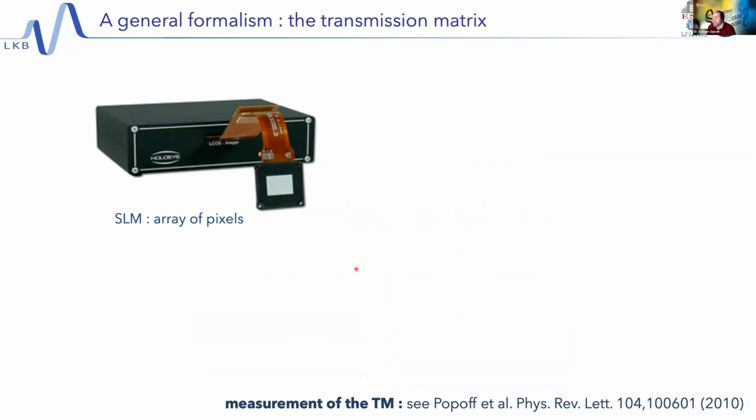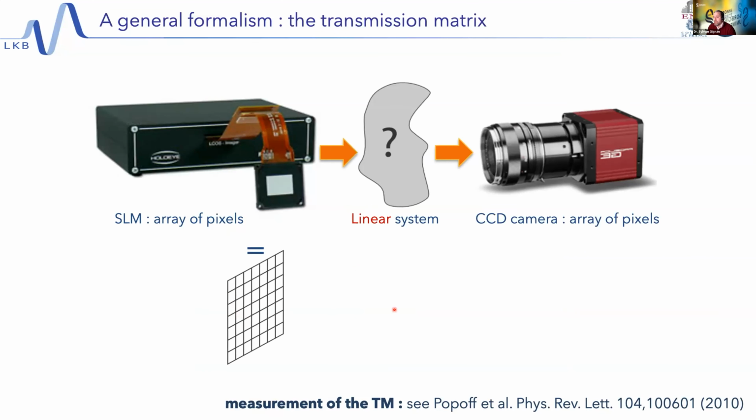There is a general framework to discuss that, which is to say that you can describe the scattering medium as a linear medium, and you have an array of input pixels that you can control. These are your input elements. You have this very complicated system, and through it, you have a CCD camera that is a set of output modes.